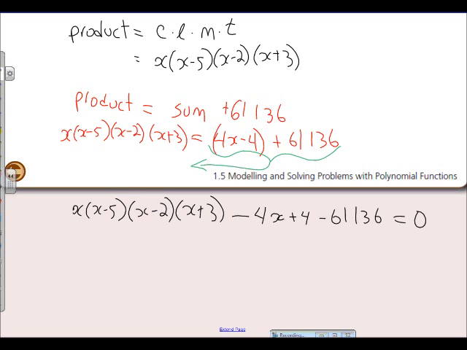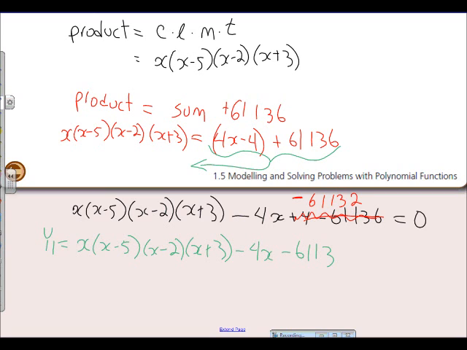So I'm going to combine those two together and just use 61132. And that should have been a minus. Okay. I could just now graph y1 equals x times x minus 5 times x minus 2 times x plus 3 minus 4x minus 61132. Graph this.